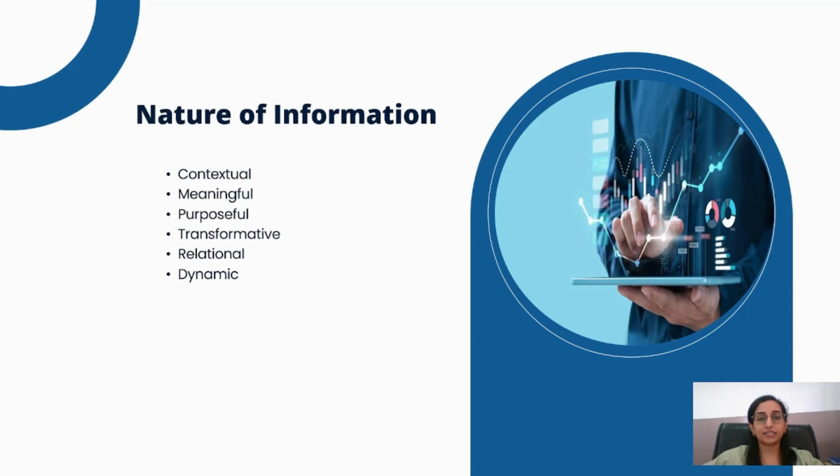So, technologies such as data mining, data warehousing, and business intelligence play a critical role in enhancing the utility of information. They allow organizations to extract insights from large data sets, improving decision making and strategic planning processes.